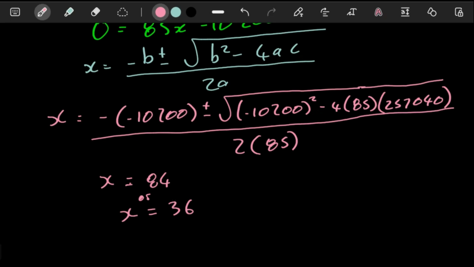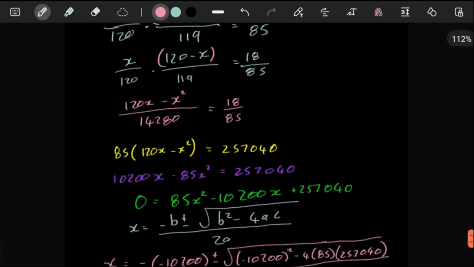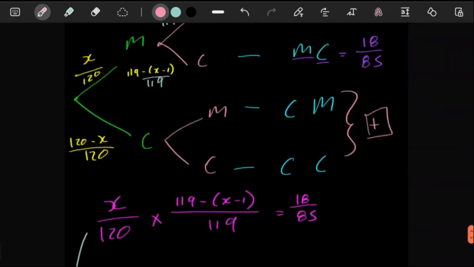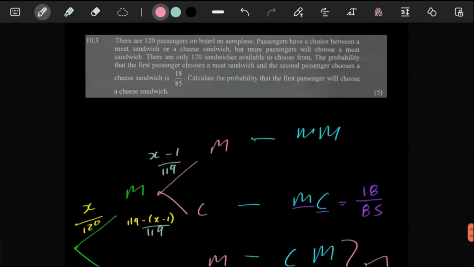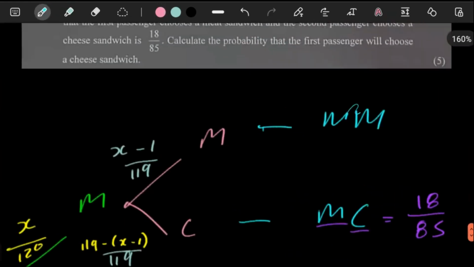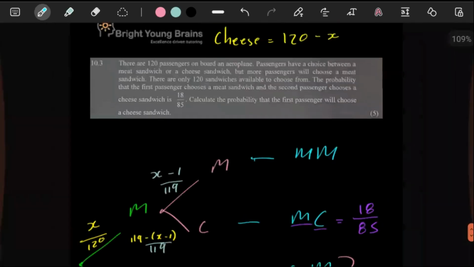Doesn't this add up to 120? Coincidentally, it does. I think it makes sense because either one of these could be the meat or the cheese.